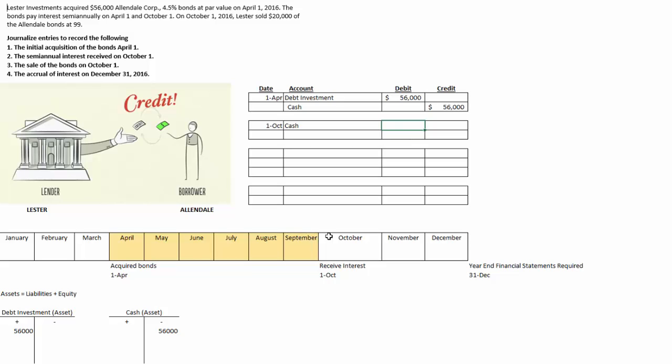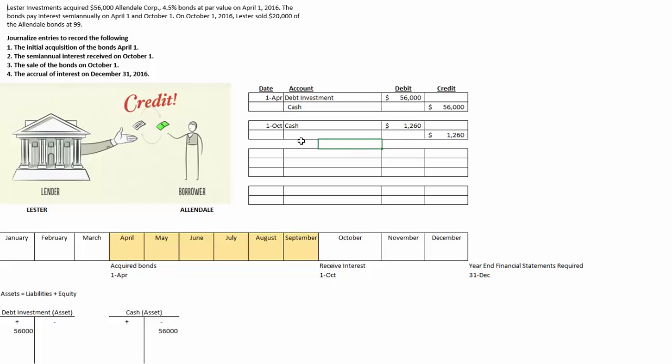Now, the amount of cash we receive is the $56,000 face value of the bonds times the 4.5%. But remember, that would give us how much annual interest we would receive. This bond pays interest semi-annually, so we divide that by 2. We get $1,260 every 6 months.